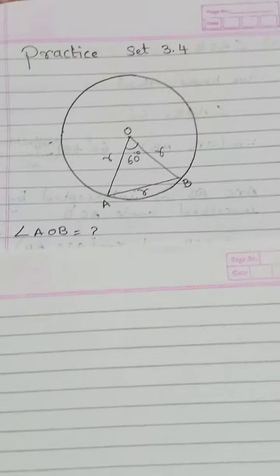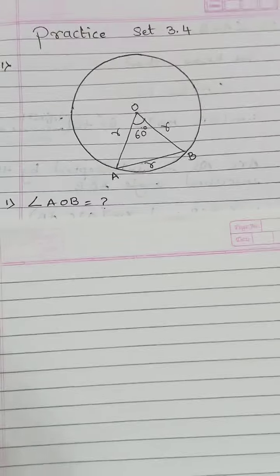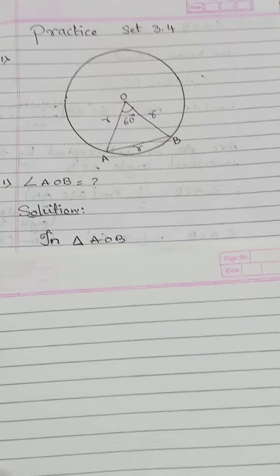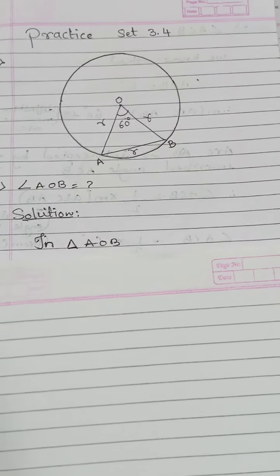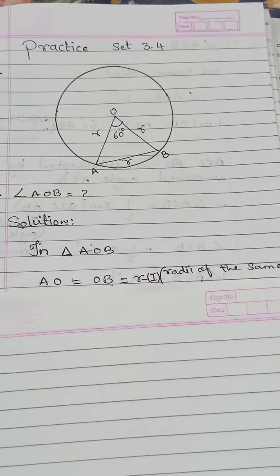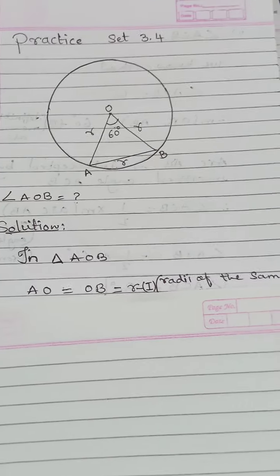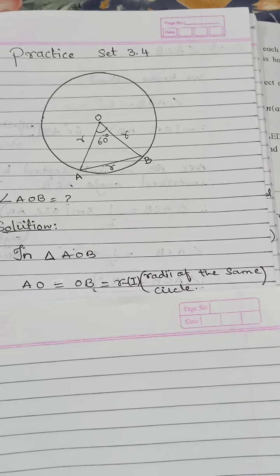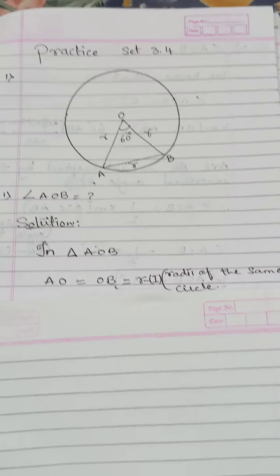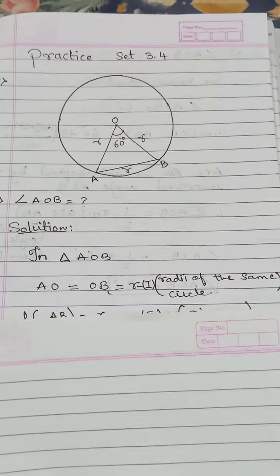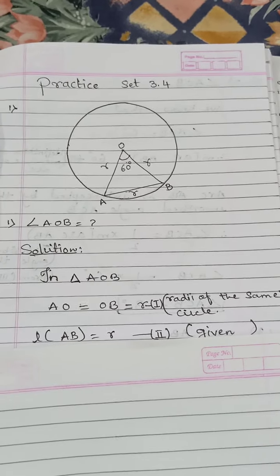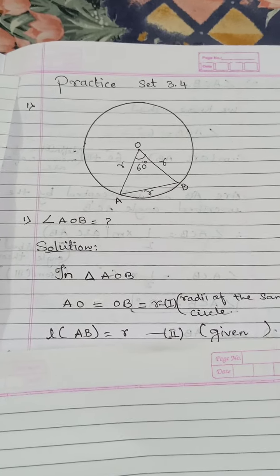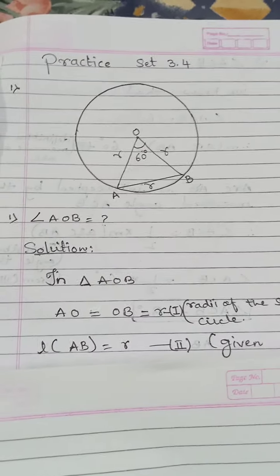Now we'll see how the steps of the solution will be. The first sub question: we have to find angle AOB. The solution starts. We have considered triangle AOB as I have explained. OA and OB are both radii of the same circle, so they are equal. I have called it equation number 1. But it is given that the length of AB is also equal to the radius. I have taken it as equation number 2. Now we'll compare both equations.